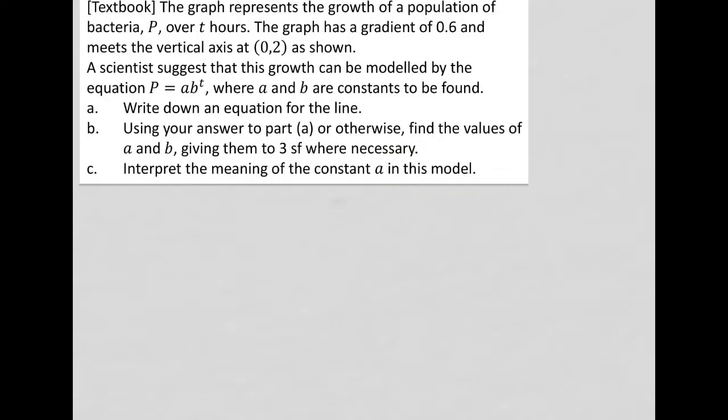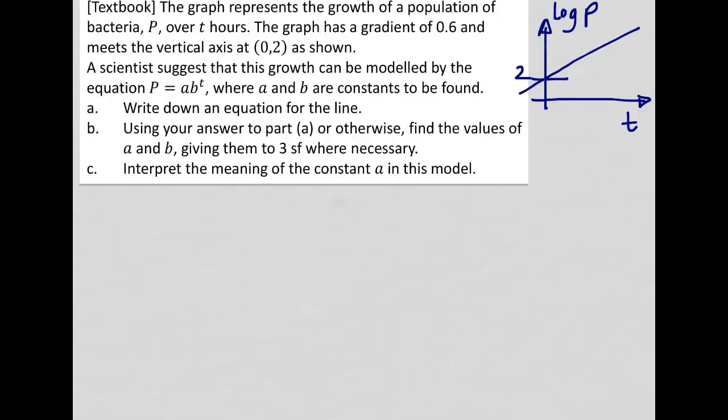Now for our next example, there was a little graph that I've missed off here. So I'm just going to quickly draw that in. This is t, and this here is log of p, and it's a positive gradient and an intercept at 2.